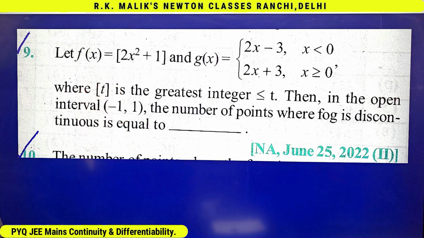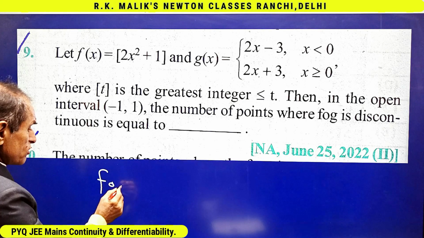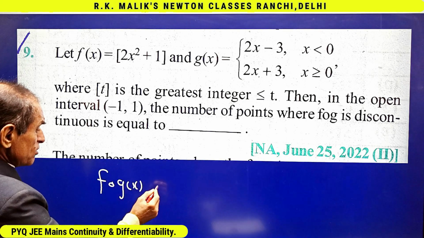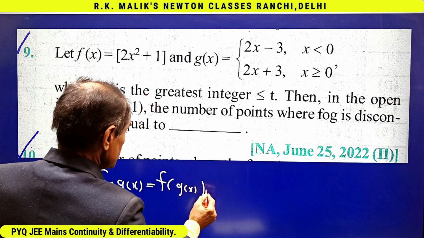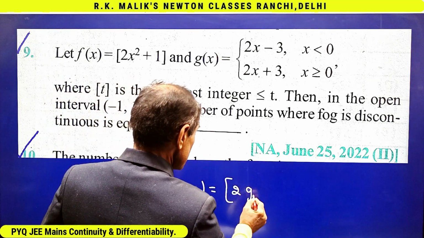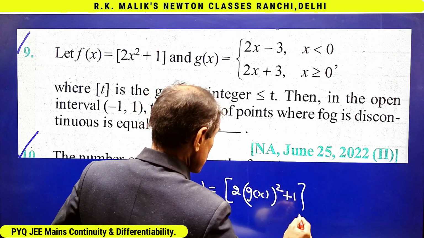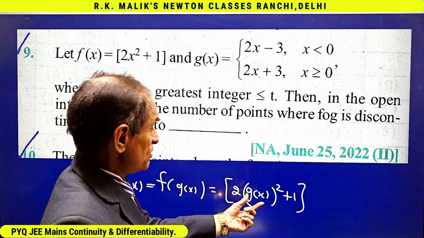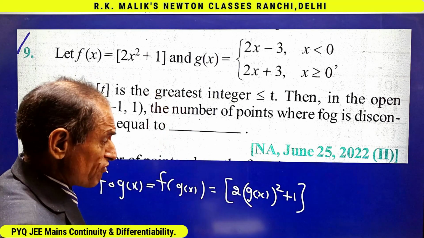f(x) is clearly an even function. Hence, I can say that f∘g(x), which will be [2(g(x))²+1], even if g(x) is an odd function, f(g(x)) will still be an even function.